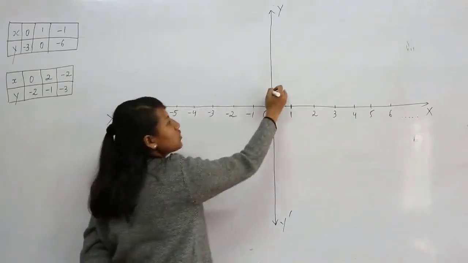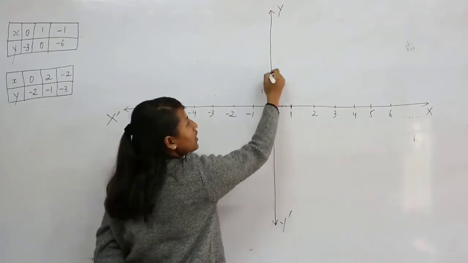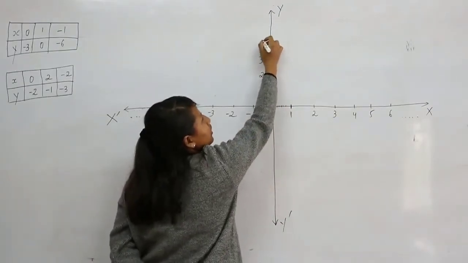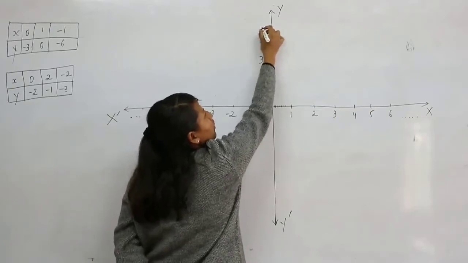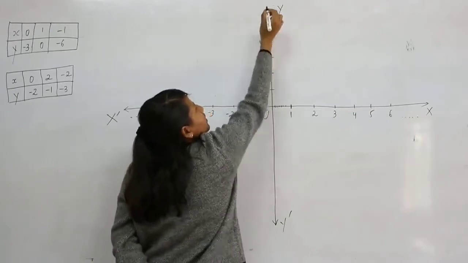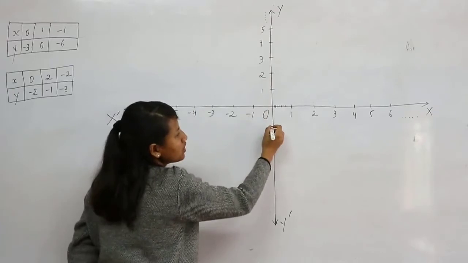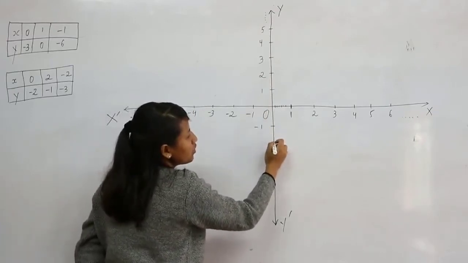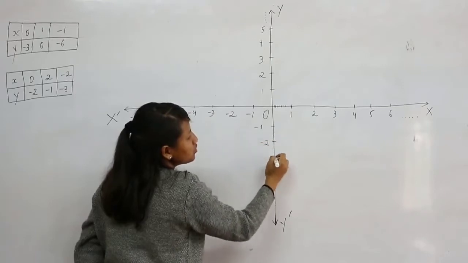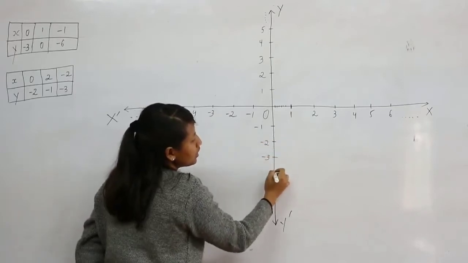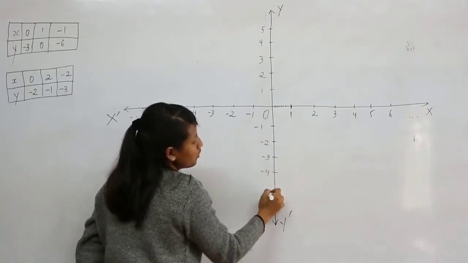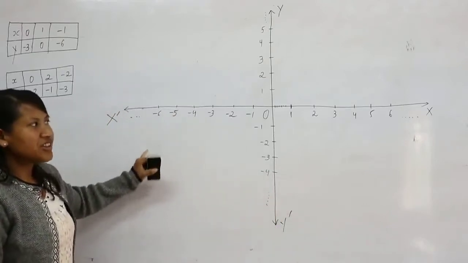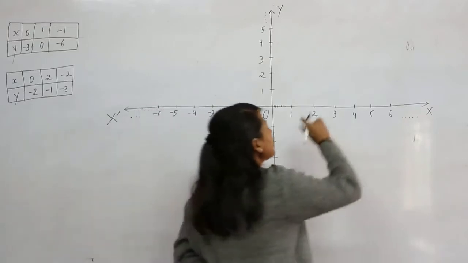So 1, 2, 3, 4, 5, and so on. This one is 1 or minus 1. This one is minus 2, minus 3, minus 4, and so on.